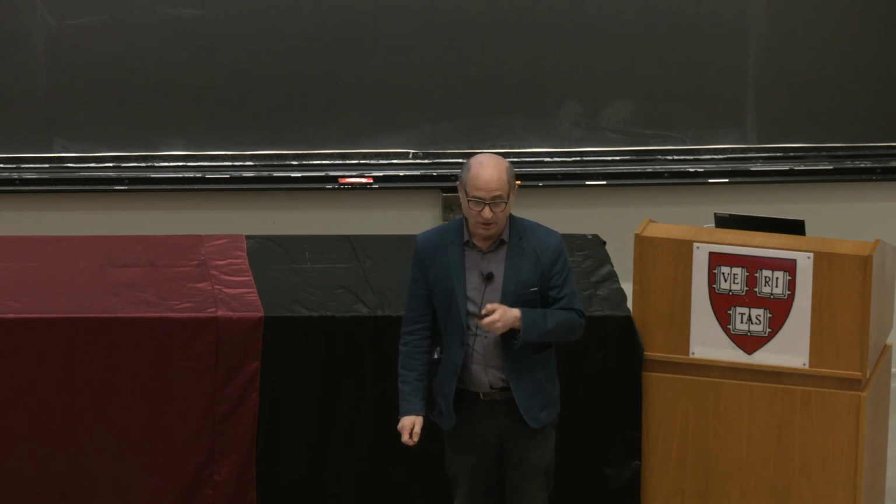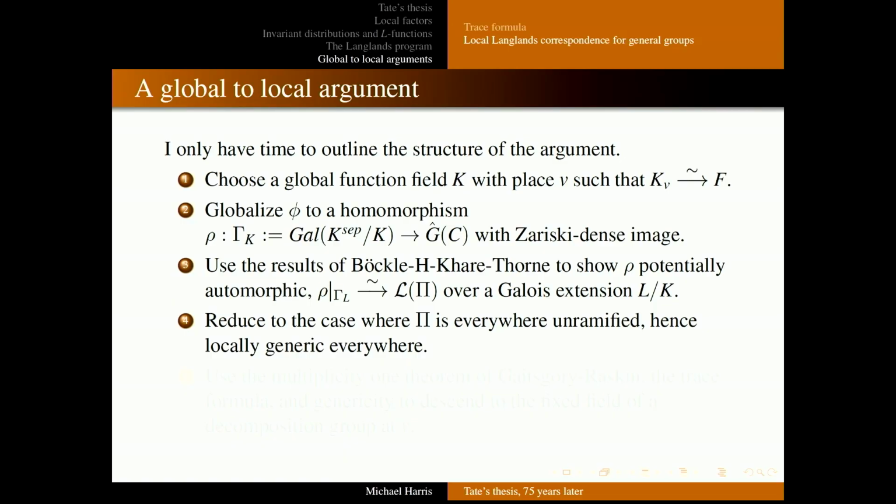Then, using the results of my paper with Boxer, Calegari, and Thorne, we show that ρ is potentially automorphic. That is to say, it becomes the image of the global Lafforgue parameterization over some Galois extension L. All right, and then there's an elementary reduction to assume that π is everywhere unramified.